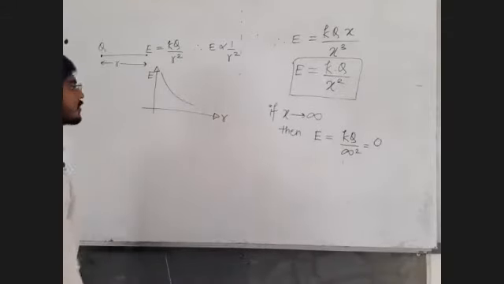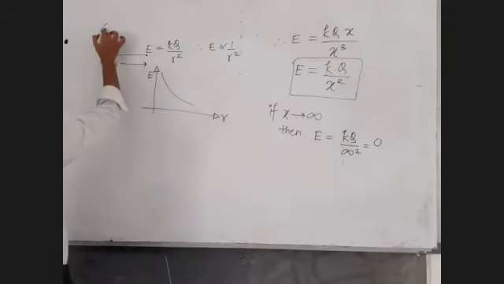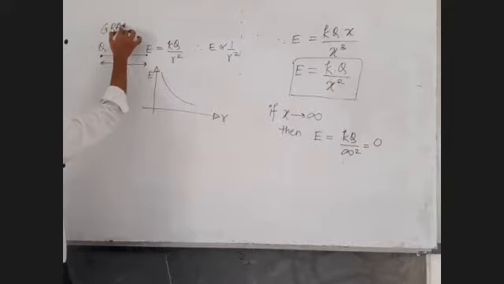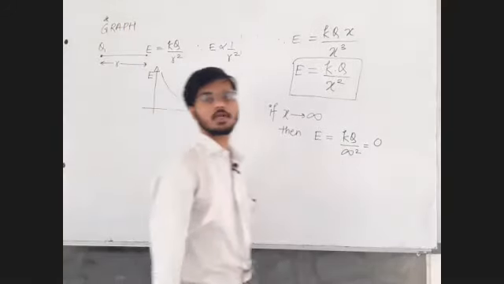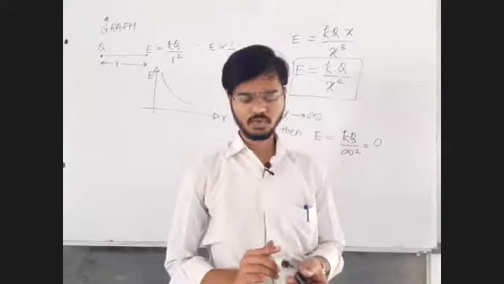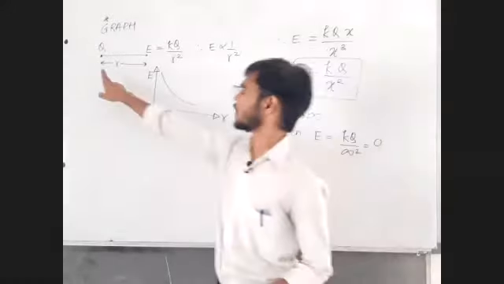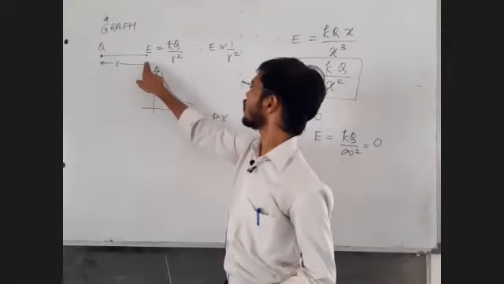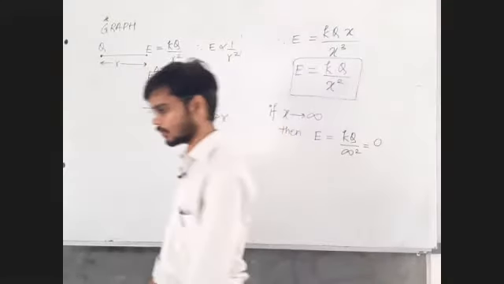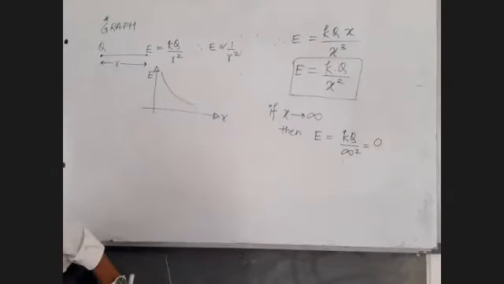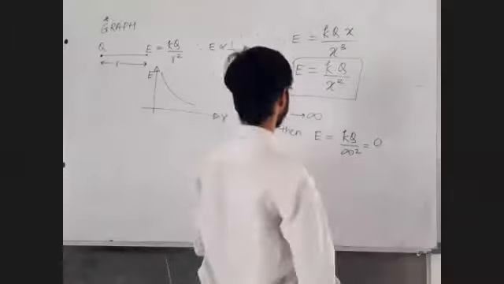A simple thought. Reply me in the chat box. Is this point clear to all of you? The first graph we plotted is for the equation of electric field due to the point charge. If the system is point charge at distance equal to r, what is the electric field? Kq upon r square, its graph. Write it down. Check whether the first graph is clear to you or not. These graphs are asked in the exam.